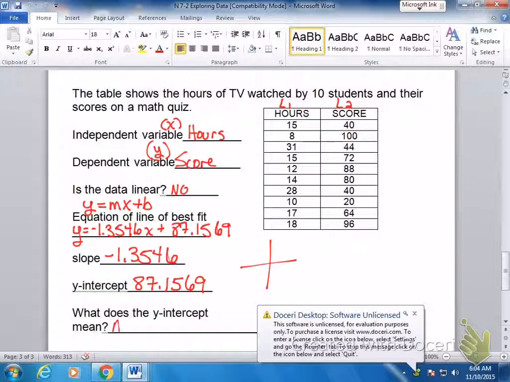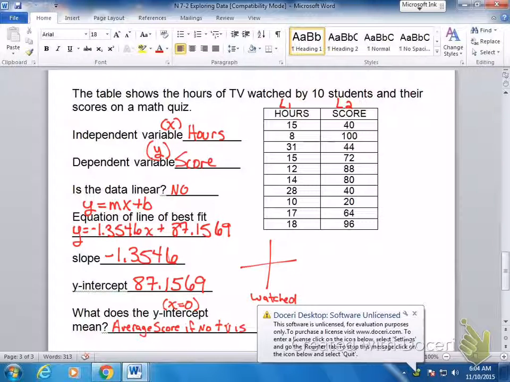So we're going to write the average score if no TV is watched. So the big thing to remember there is when you have the y-intercept, that means that x equaled 0. And that meant that the hours equaled 0.